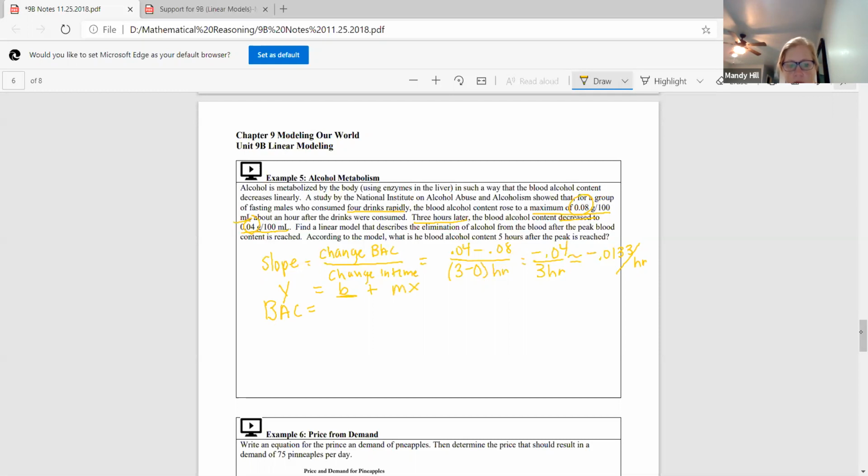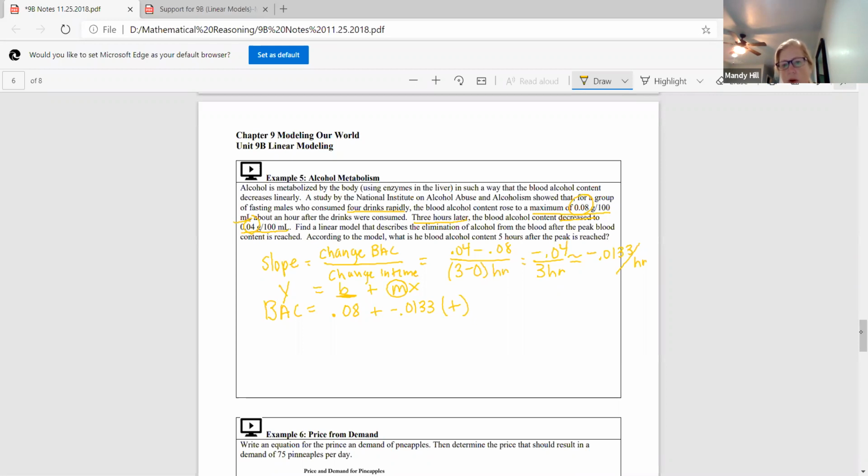B is your starting point, and we started out with an initial value of 0.08 blood alcohol level, plus M is your slope, and we found our slope is negative 0.0133 every hour, and we're going to multiply that by the amount of time in hours that passes by. So this would be our equation that we could write.